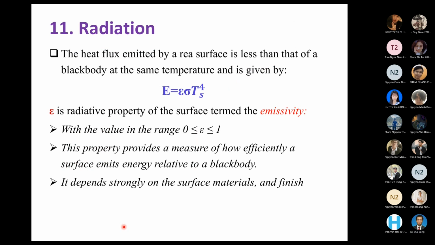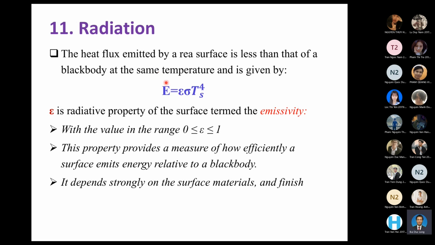And the heat flux emitted by a real surface is less than that of a black body, which is the ideal surface. For a normal surface, the energy emitted is different from a black body.